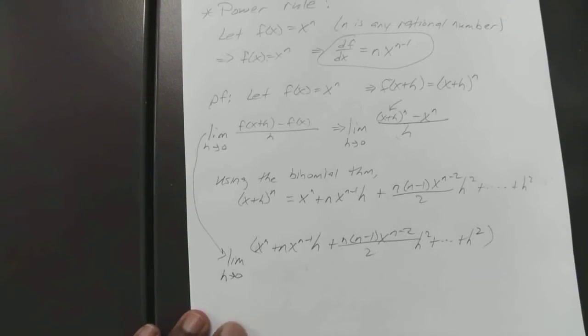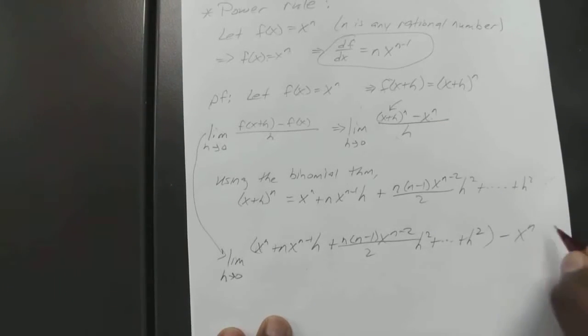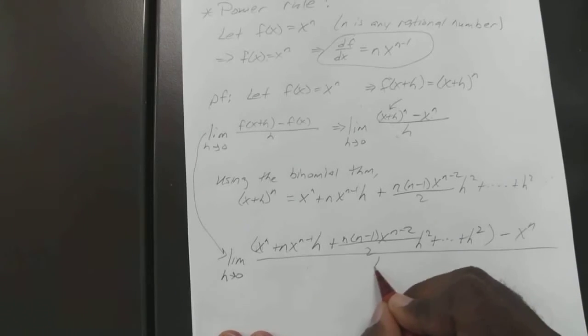Remember, that's just our x plus delta x to the n minus our f of x, which is x to the n, all over h.